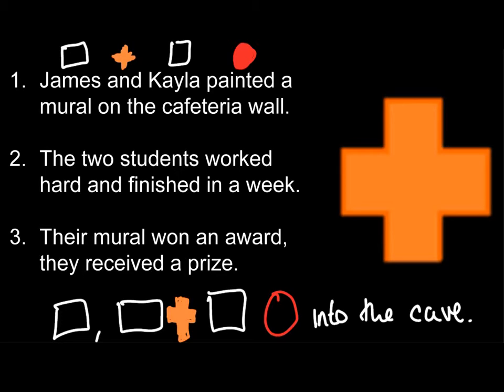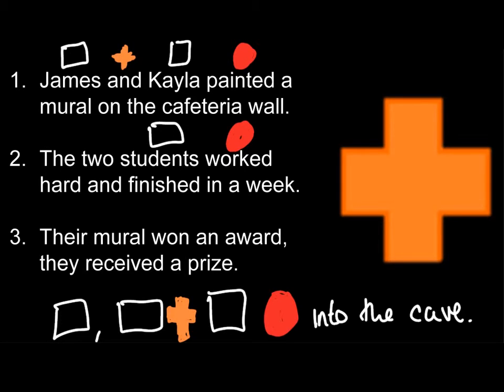Okay, let's do another one. Just realized that wasn't colored in. Okay, let's do another one. The two students worked hard and finished in a week. Did what? Worked. Who or what worked?